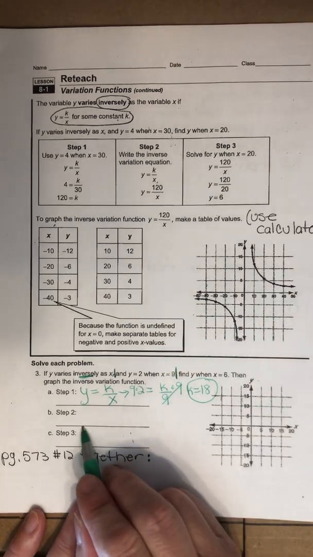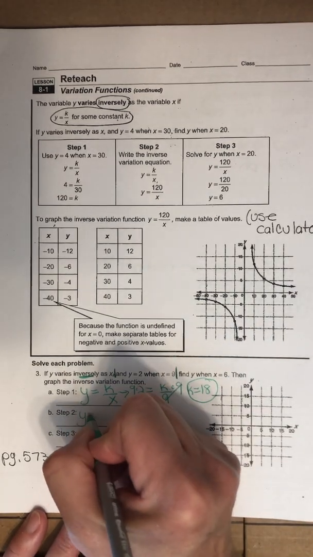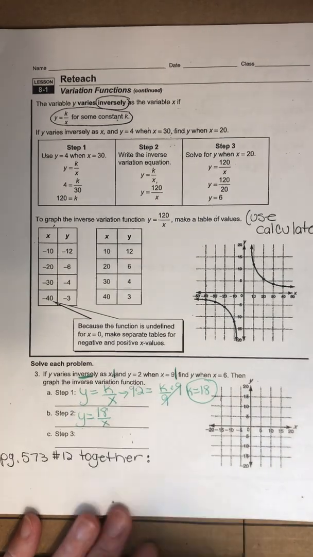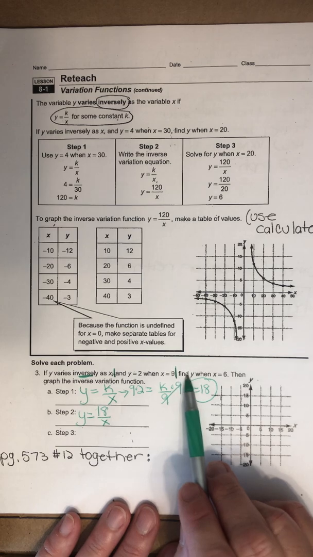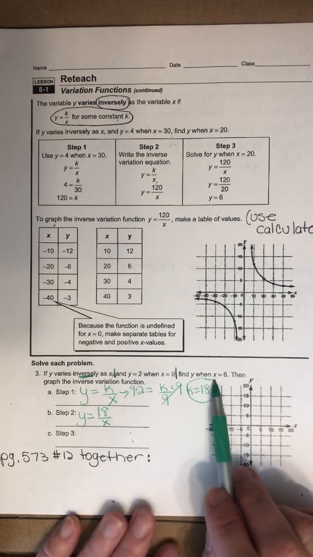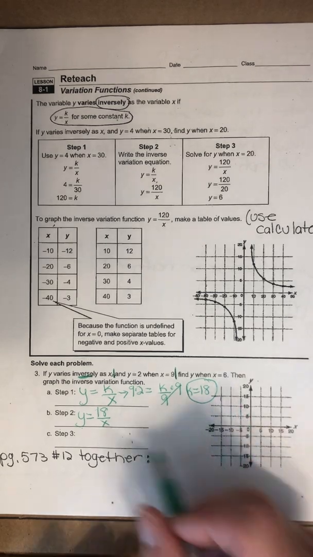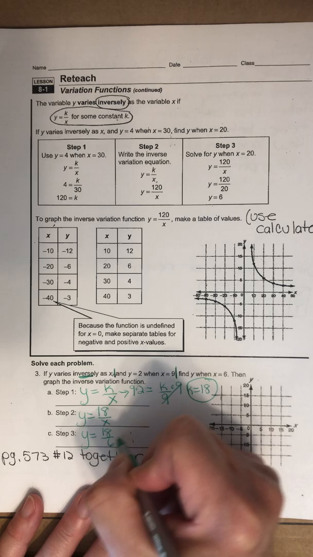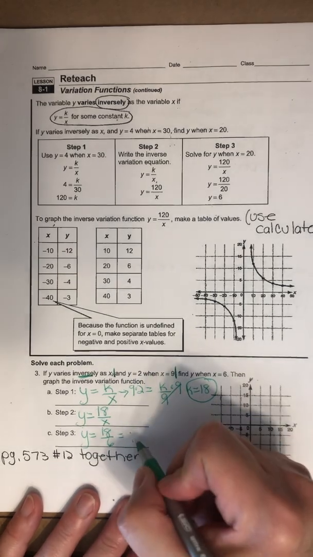Okay, step 2, let's update our equation. We know that k is 18. There we go. Step 3, let's finish what they told us. Find y when x equals 6. There we go, and we get y is 3.